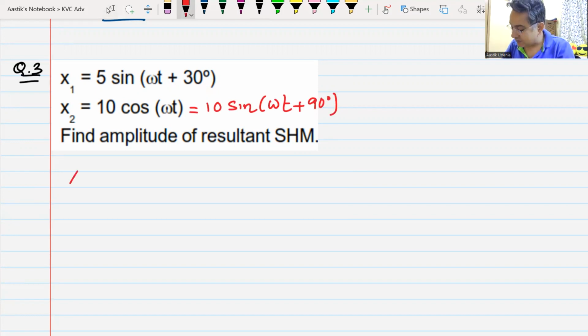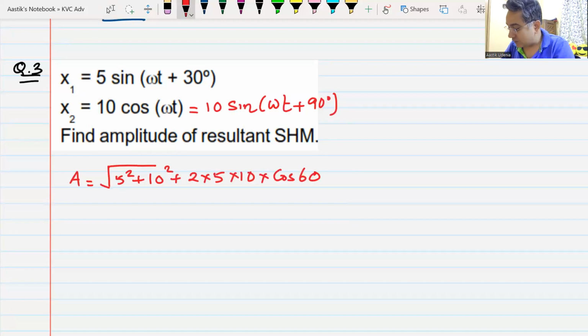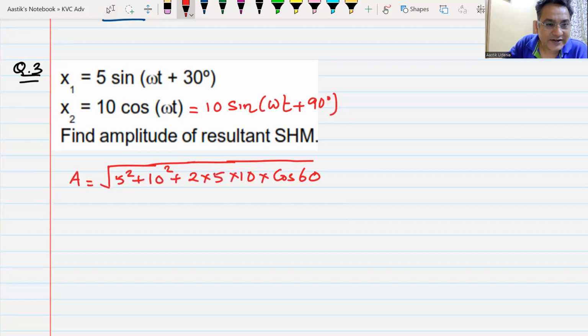So I can straight away write the amplitude as under root of 5 square plus 10 square plus 2 into 5 into 10 into cos of 60 degrees. More often than not, whenever such a question comes, it will be cos of 60 degrees only, because it becomes half and it becomes easier to calculate. If it becomes root 3, it will become too complicated to calculate. Do we understand this? Yes, sir.